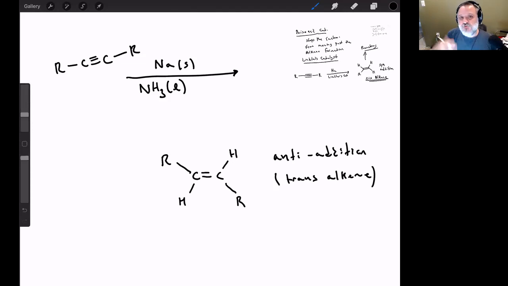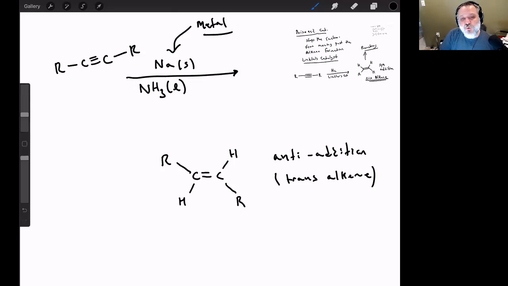And so this is a new reaction, in the sense that you've never used sodium metal and liquid ammonia before. It's a completely new type of reaction. It's a completely new reagent. It is a reducing reaction. And I would suggest thinking about this as being in the presence of a metal.